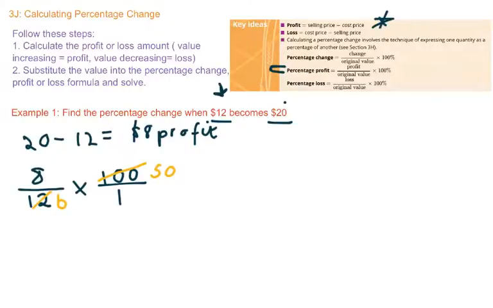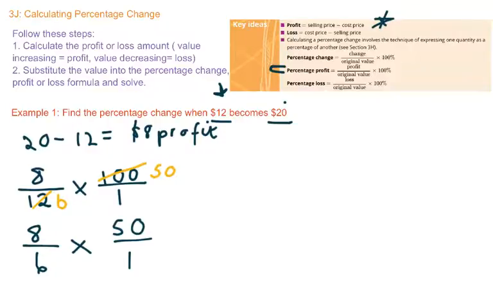From there we can rewrite the equation, 8 over 6 times 50 over 1. As I said today in class, for the test I only want you to show me that you can simplify it once. So now we can move on to the last step, which is multiplying our fractions.